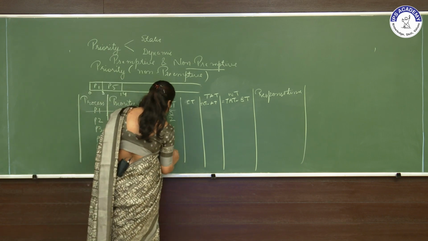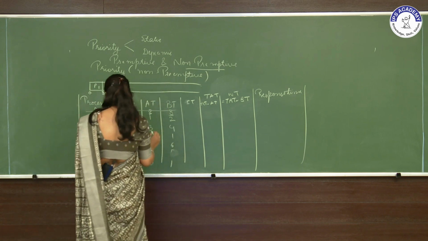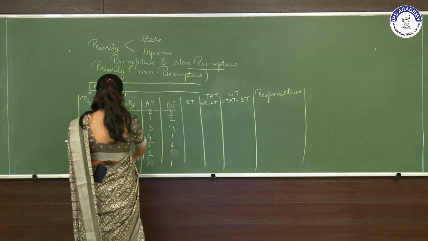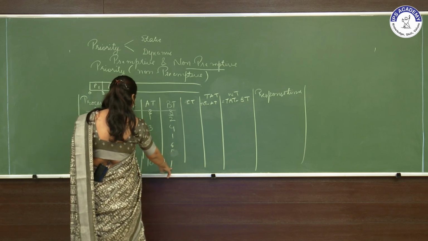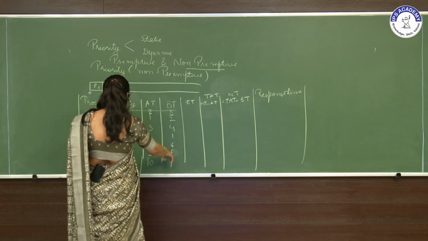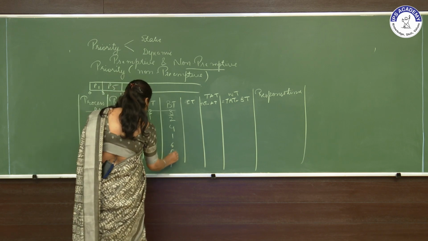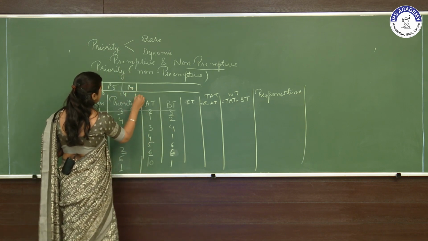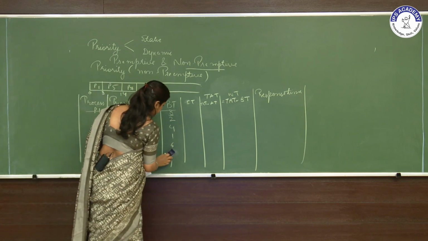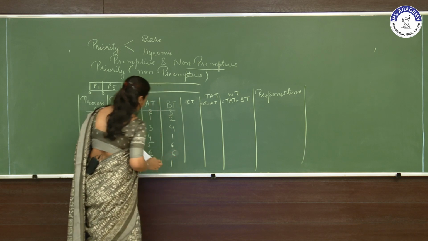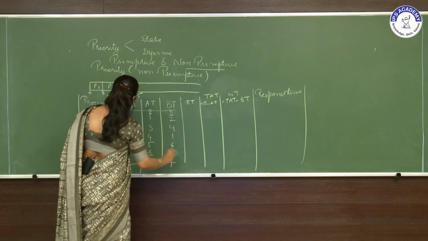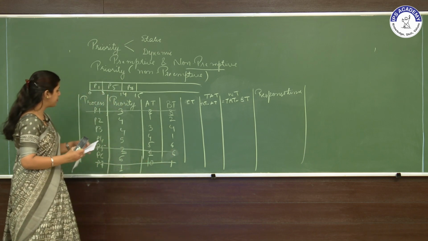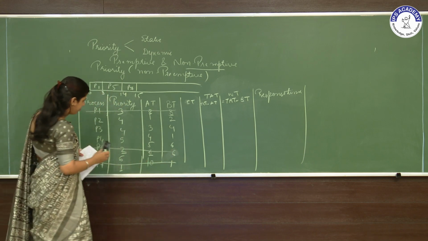It is 5, sorry, P7 will execute for 1 unit of time. P5 is also done. Now all the processes have come.